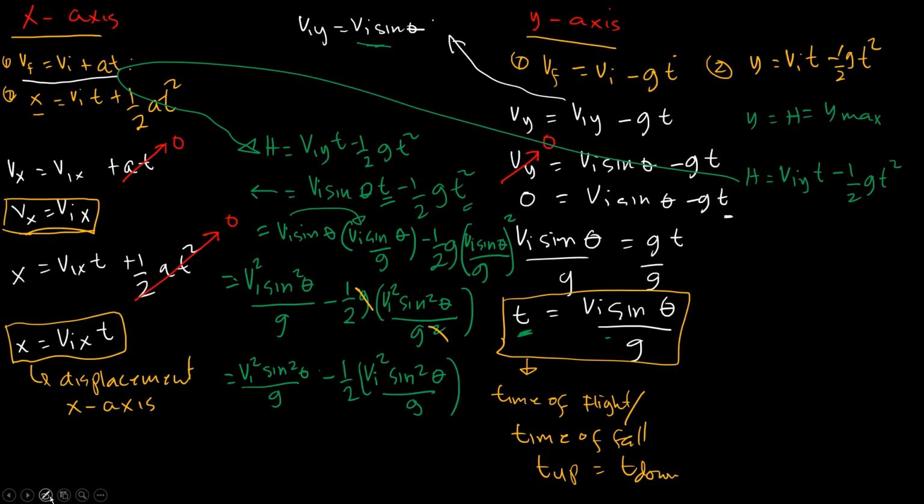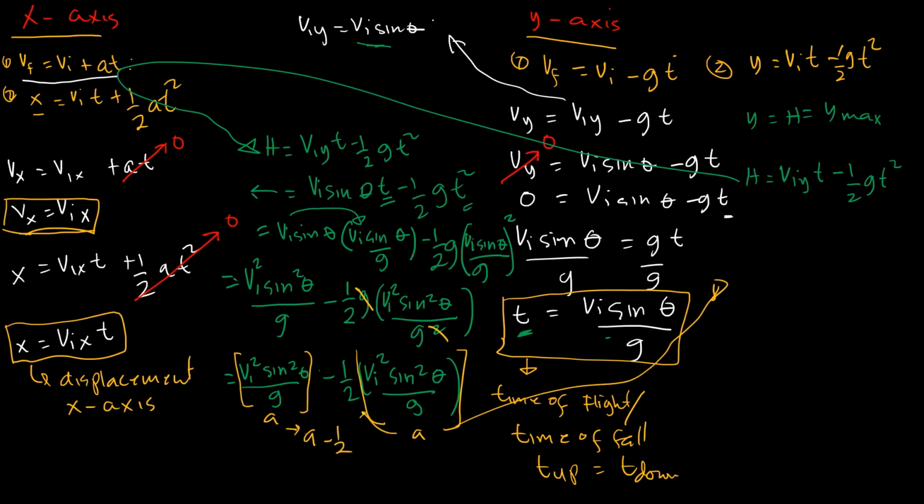I want you to treat this one as one term. You treat this term here as a, for example, and this term here is also a. So this becomes a minus 1/2 a, something like that for you to visualize the problem.